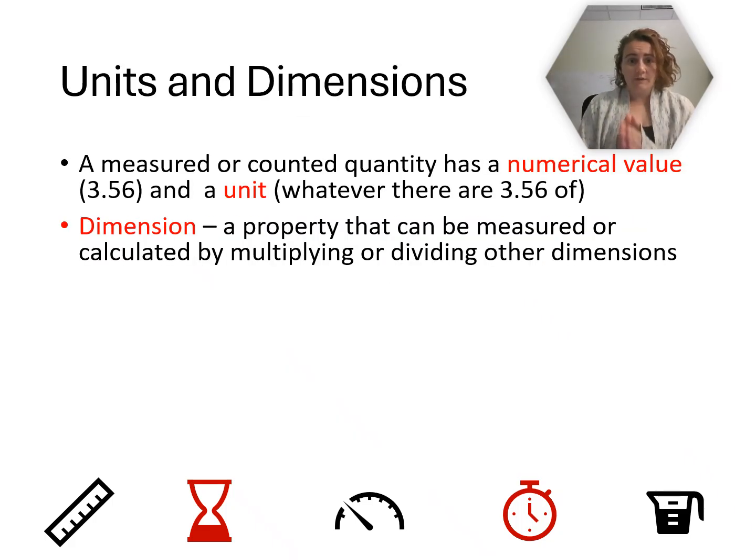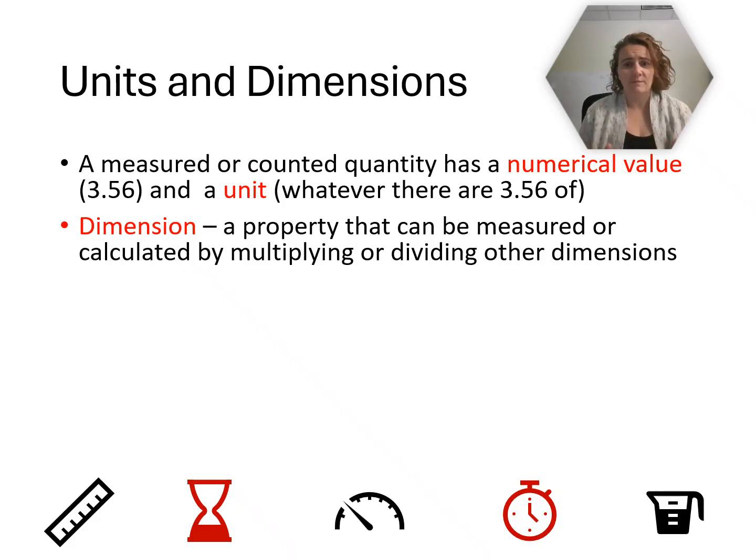So when we talk about units and dimensions, we tend to use those two words interchangeably, but they actually mean different things. Whenever we have a measured or counted quantity, it's going to have what we call a numerical value, which is something like 3.56, and a unit. So the unit is whatever there are 3.56 of. It could be meters, could be feet, could be seconds, all sorts of things.